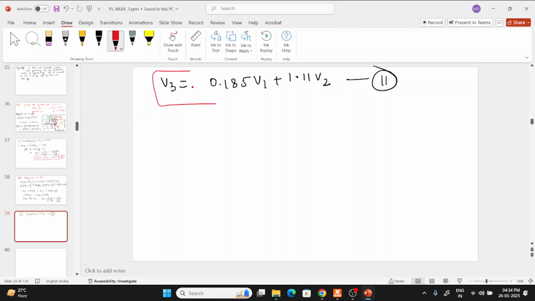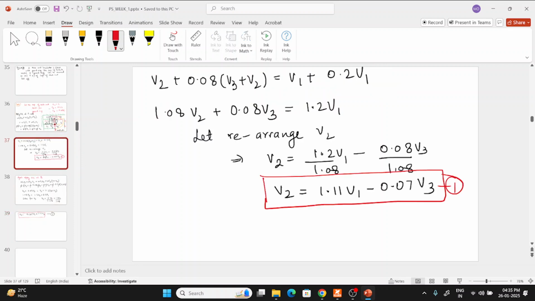See, I have done a trick over here, and you should always do that, because in the end we have to calculate the string efficiency. String efficiency will be equal to the sum of all the voltages divided by the number of discs times the lowest voltage. So basically I will write the first equation for V2.